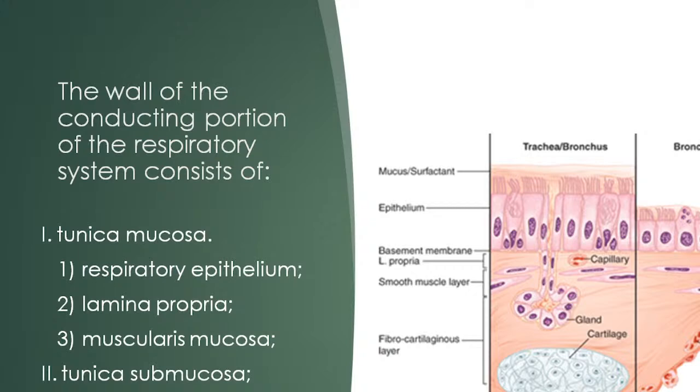Most of the epithelium is columnar, but in the smallest airways, for example in small bronchioles, the epithelium will be cuboidal, but it will still be ciliated, or it will have brush cells.